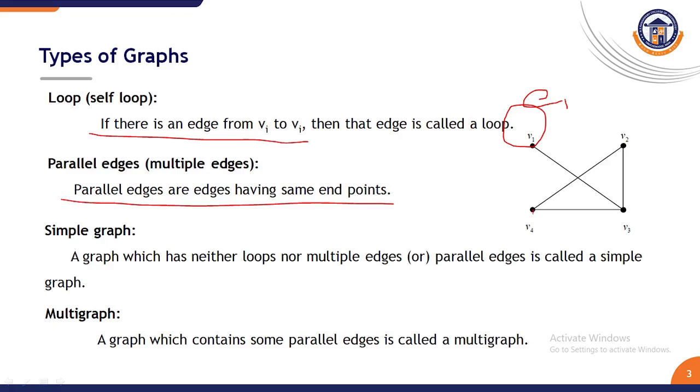That means if there exist two different edges between the same end vertices, then the edges are known as parallel edges. Simple graph. A graph which has neither self loop nor multiple edges or parallel edges is called a simple graph. Multigraph. A graph which contains some parallel edges is called a multigraph.